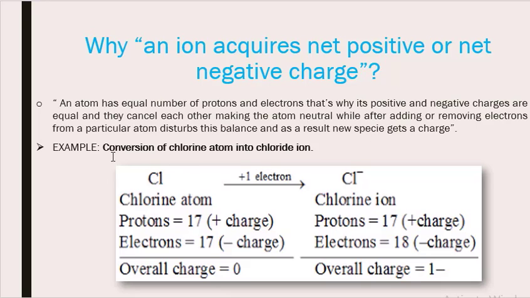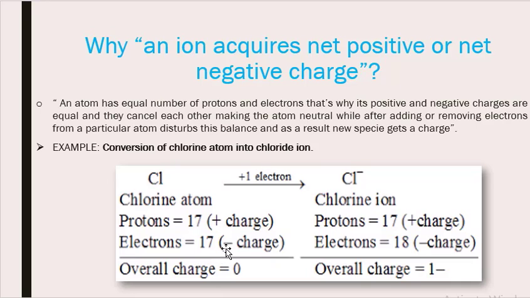For example, we can clarify this concept by taking the following example of formation of chloride ion from chlorine atom. Chlorine atom with atomic number 17 has 17 protons inside the nucleus, and as we know that number of protons is always equal to number of electrons, so electrons will also be 17 in it.